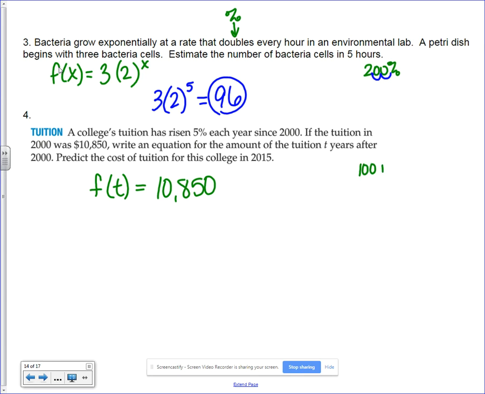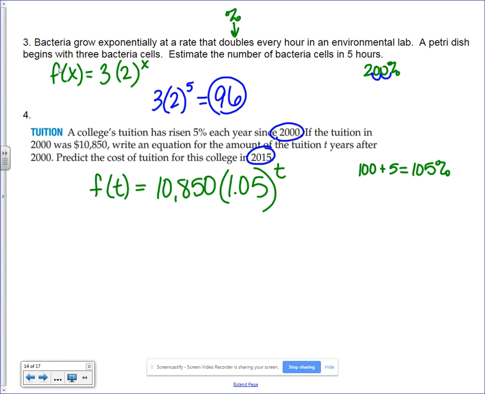So I'm going to go up by 5, which is 105, which is going to turn into what, Derek? 1.05 to the t power. T power.